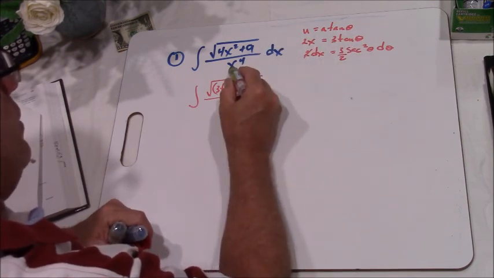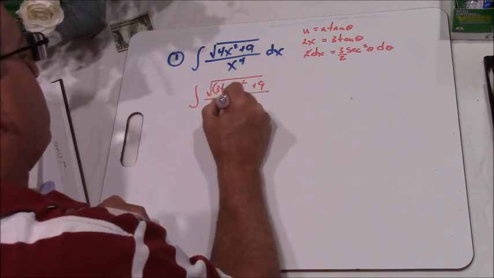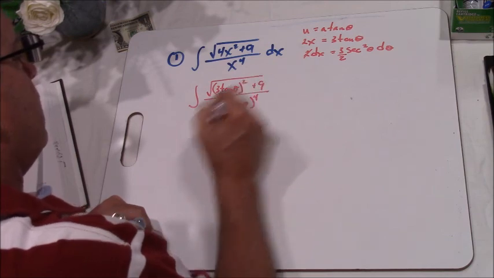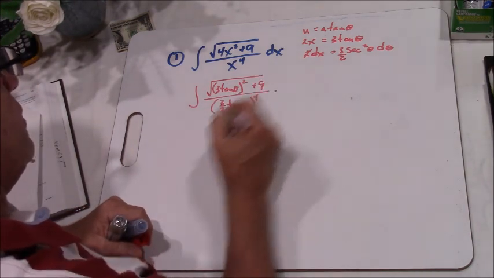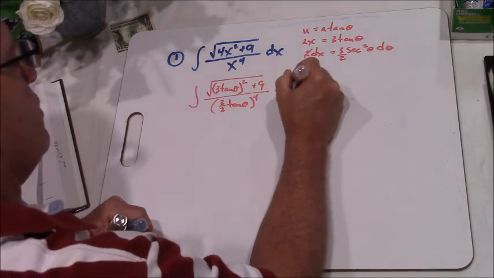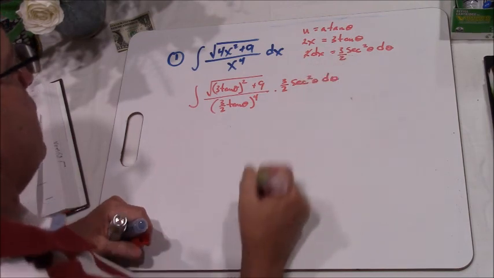And I need to put that in here and raise that to the 4th. Alright, so 3/2 tangent theta, raise that to the 4th, times 3/2 secant squared of theta d theta.